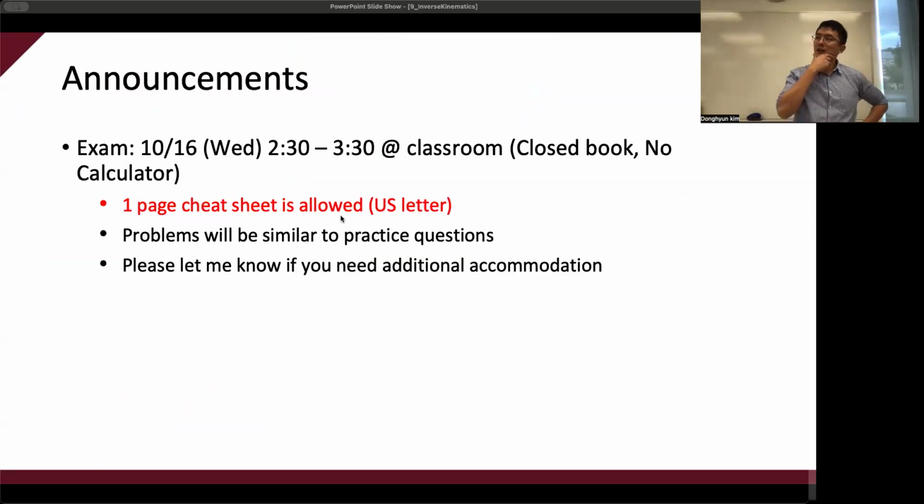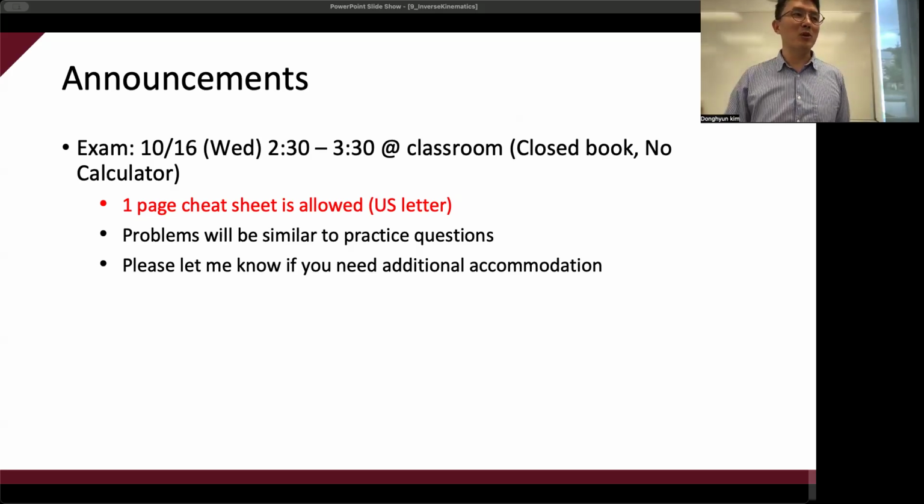Okay, in the last lecture I reminded you about the final project, but we didn't talk about the midterm. This one is coming earlier than the final project. The midterm is 2 weeks from today, so including today's lecture, we have 3 lectures remaining before the midterm. There is no surprisingly difficult problem going to be in the midterm, but you can have one cheat sheet, US letter size, both sides.